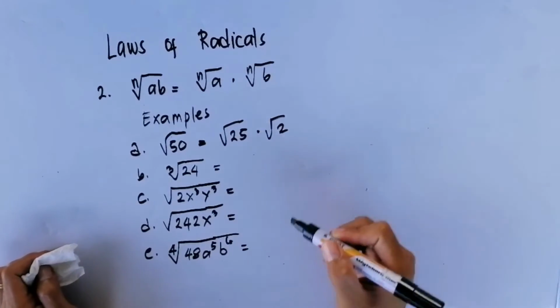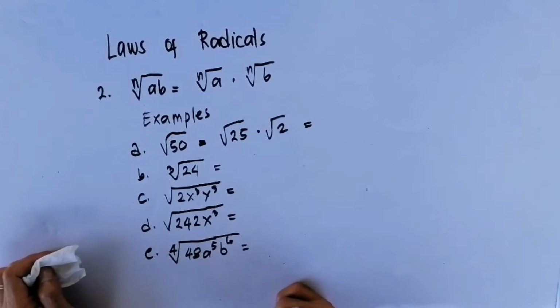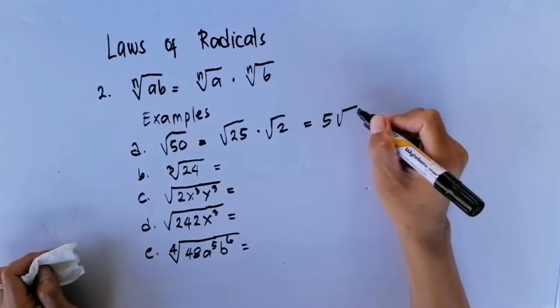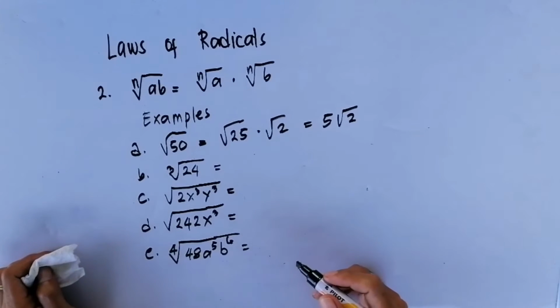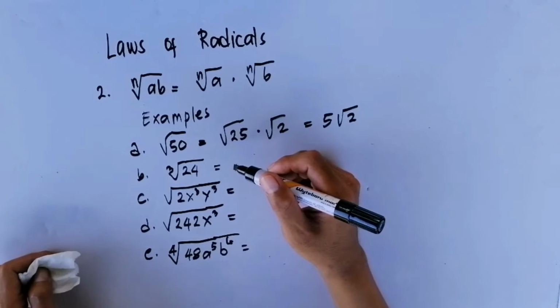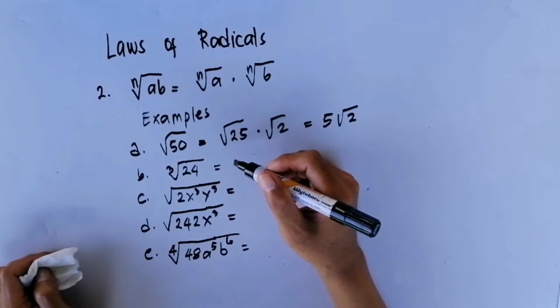So the square root of 25 is 5. So 5 times the square root of 2. For B, the cube root of 24.